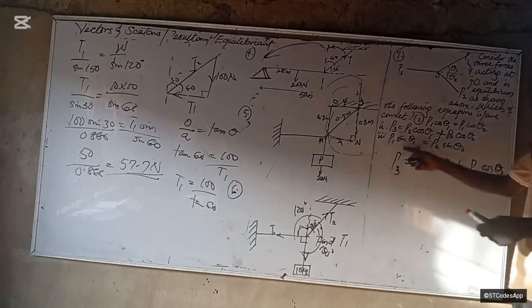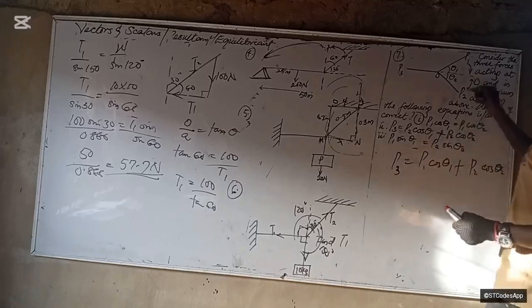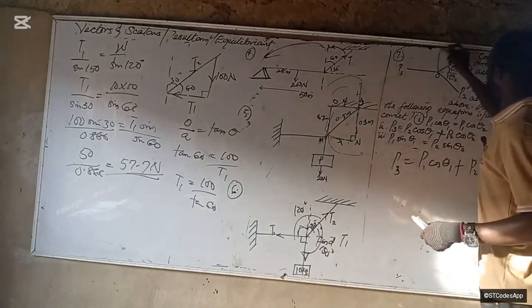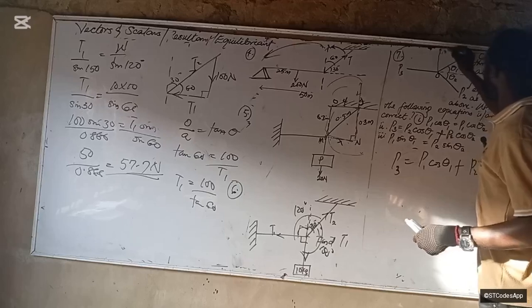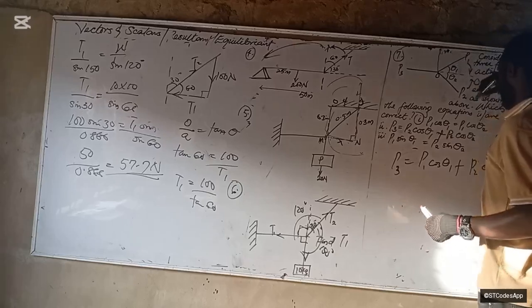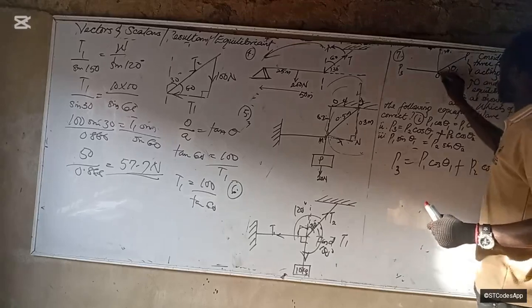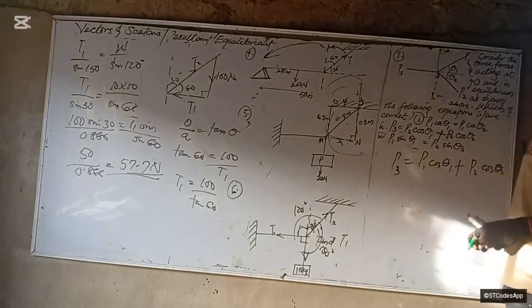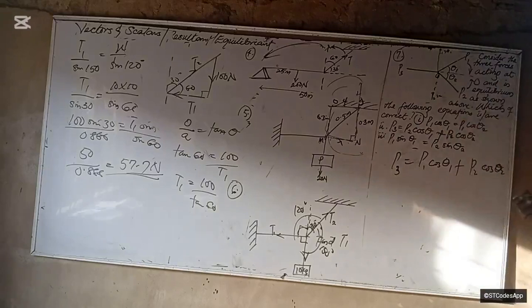Then the number 3, P1 sin theta 1, that is, I'm opening it here, and P2 sin theta 2. They will be equal, yes. Now they will be in equilibrium. Does that make sense too? So that's it.